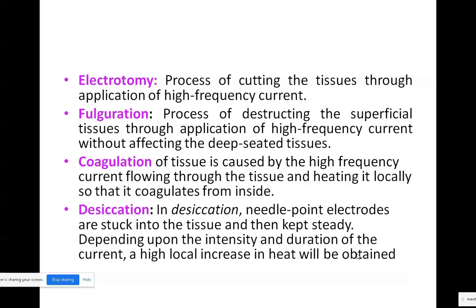So the needle will be kept constant in the body tissue. You will be varying the intensity value and the timing value in the diathermy machine. Based on the setup, that is intensity value and duration, you will be applying the heat to the tissue where you are keeping the needle point electrode.